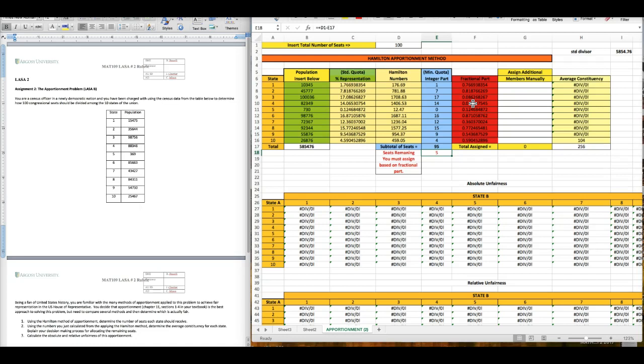We add an additional seat to that state, and so on and so forth. For instance, the largest fractional part we have here is this 0.871 number. So this means that state number 6 starts out with 16 representatives. We should give them an extra one, okay?